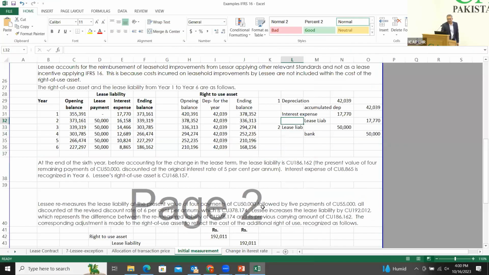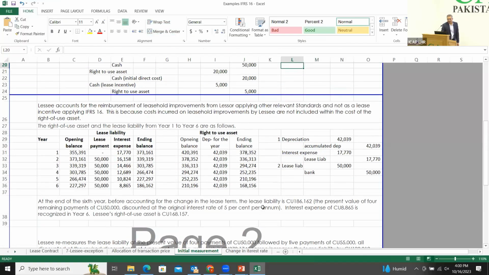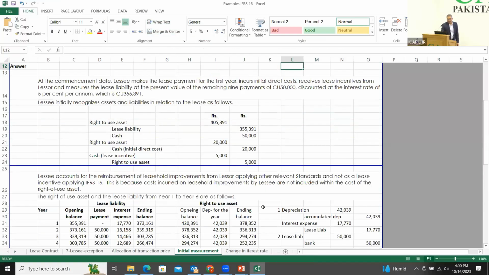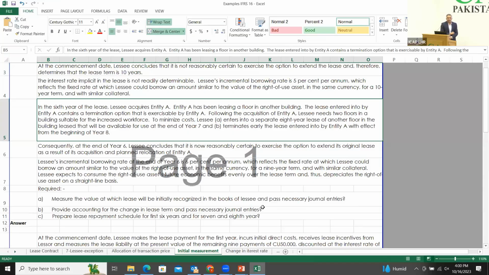Okay. Let's have the example. Second part of the example, basically: in the 6th year of the lease, lessee acquires entity A. Entity A has been leasing a floor in another building.